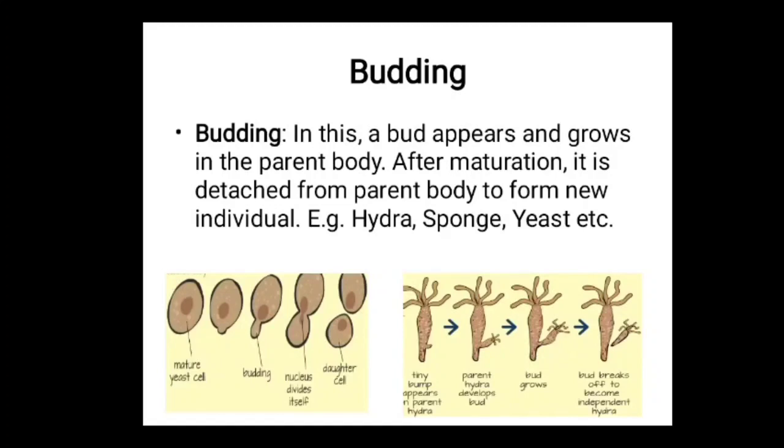So here is the definition. In this, a bud appears and grows on the parent body. Here is the bud. After maturation, it is detached from the parent body to form a new individual. In case of hydra, sponges and yeast, the budding procedure is found.